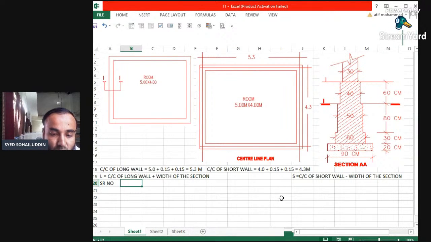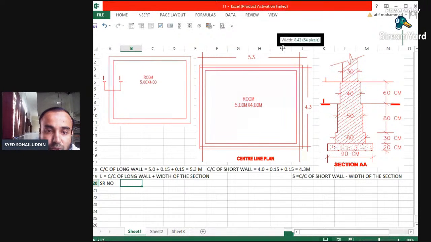Then width of the section, then height or depth of the section, then its quantity, that is LBH, and the total quantity. So these are the various columns to be used in calculations by the long wall short wall method.